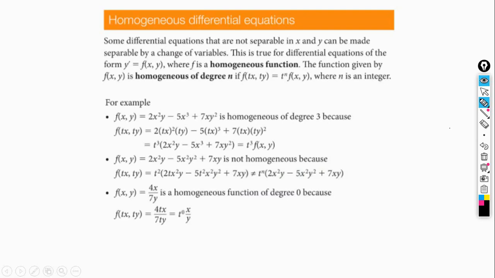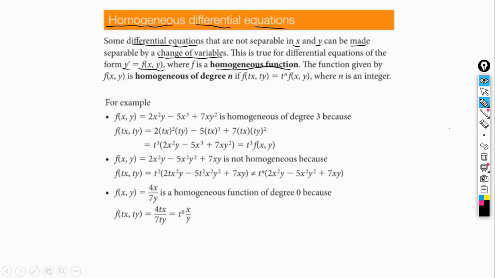So next we're going to look at homogeneous differential equations. Some differential equations that are not separable in x and y can be made separable by a change of variables. This is true for differential equations of the form derivative of y is equal to f of x, y, where f is a homogeneous function.